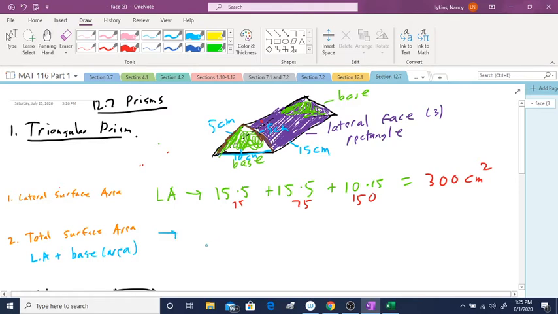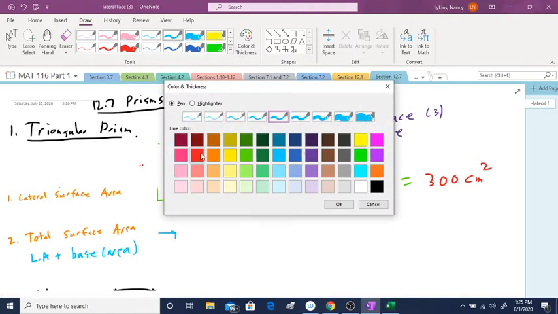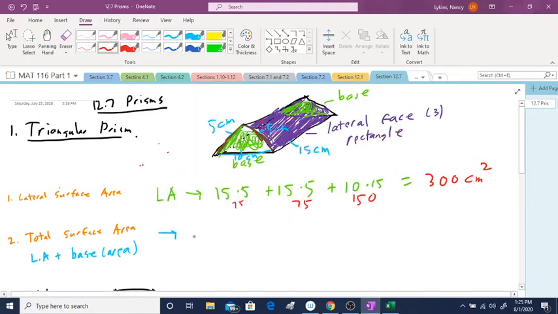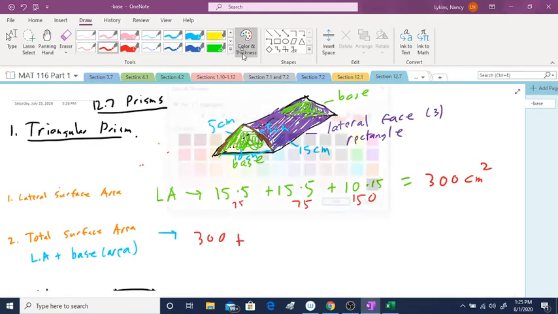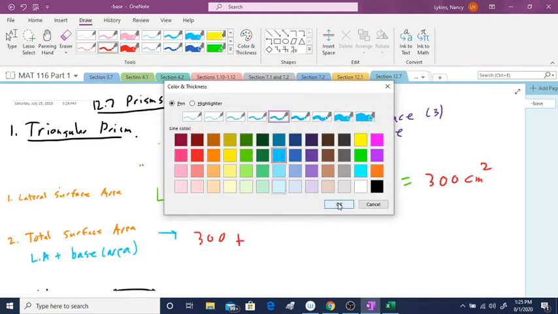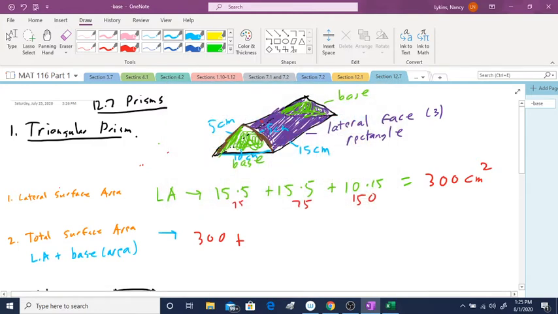Now, the lateral area is the 300, which we found. But then what we have to do is add what the base is. Okay, so this is a two-part problem.